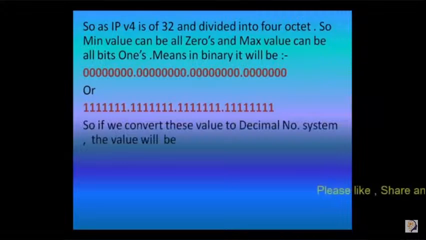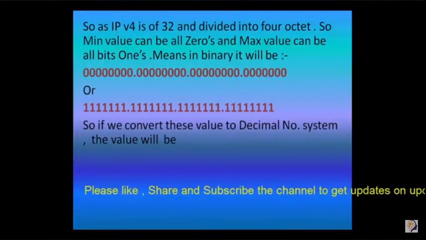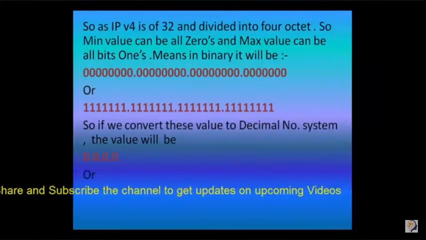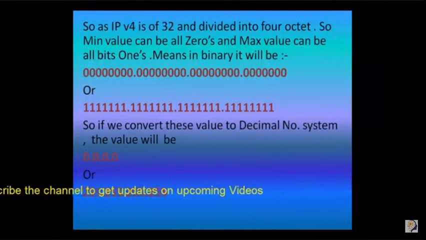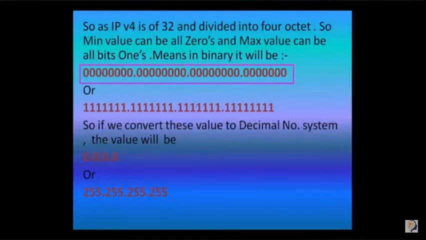When we convert it into the decimal number system for our ease, what can be the minimum and maximum value of an IP?